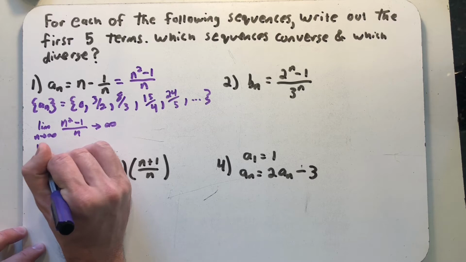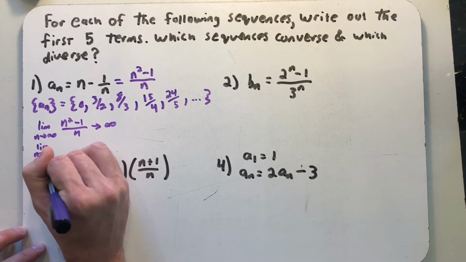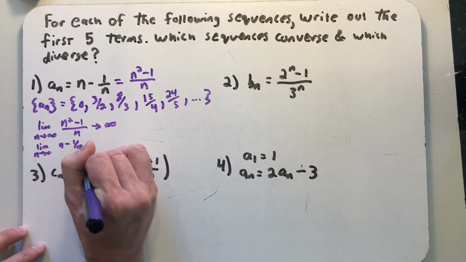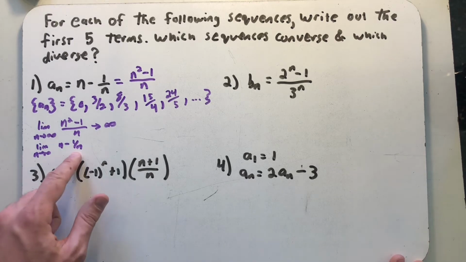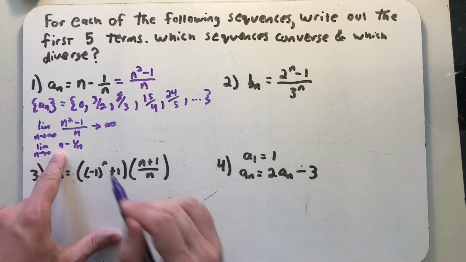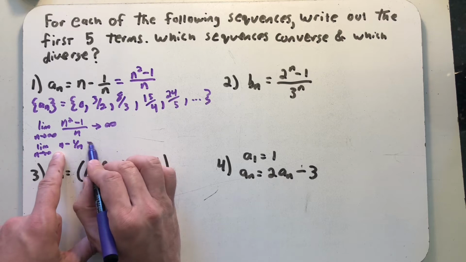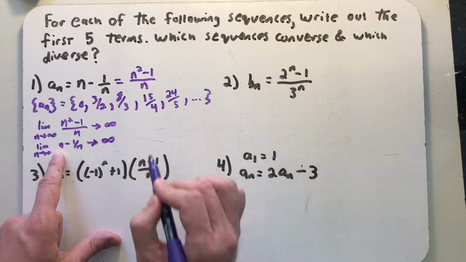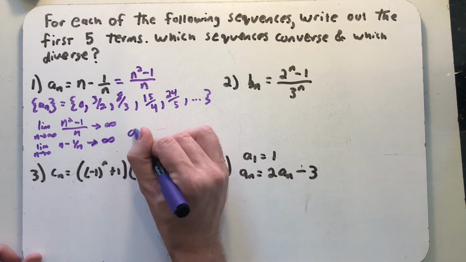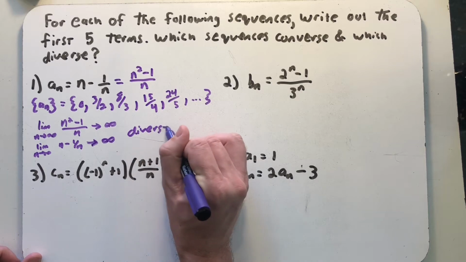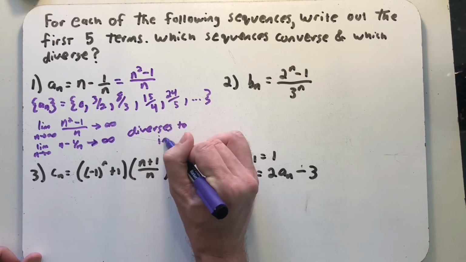If I use the original nth term formula, I'd have n minus 1 over n. As n runs off to infinity, that goes to 0, meaning that this is equal to the limit of n as n approaches infinity, which is also running off to infinity. So not only does this diverge, we can write that it diverges to infinity.